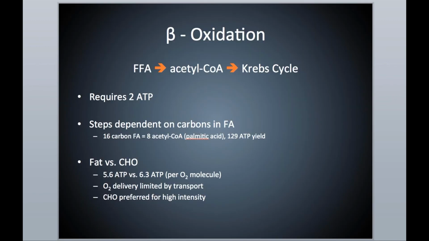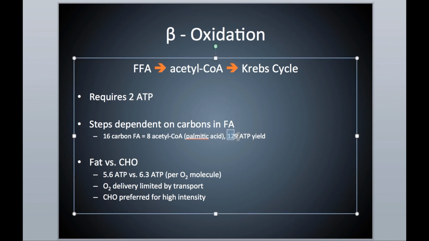All right, so we're looking at beta oxidation now. Beta oxidation, this is relating to fat. If we look at free fatty acids, we're going to be making that into acetyl-CoA. And remember, acetyl-CoA is basically the first step, the first intermediate there of the citric acid cycle. We're leading into the citric acid cycle. Now, it requires a couple ATP, but in the end, we end up getting a bunch of it. And if you can see here, the ATP yield, 129 ATP for at least this molecule.